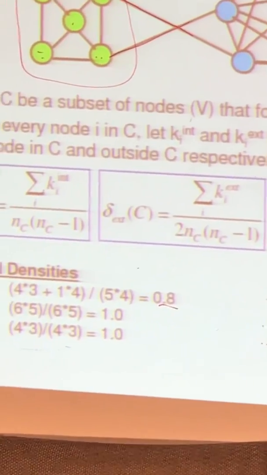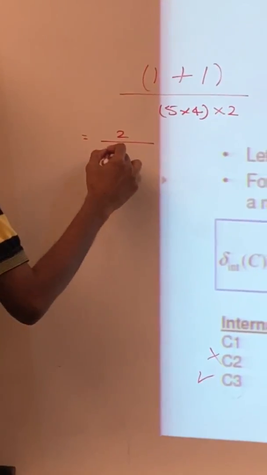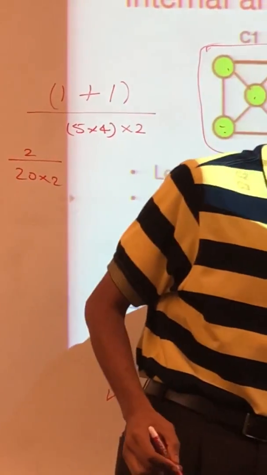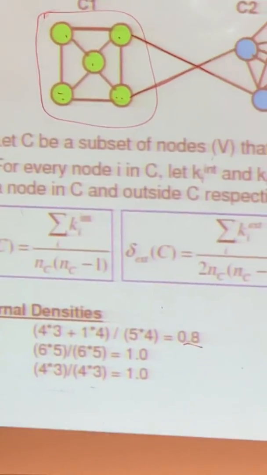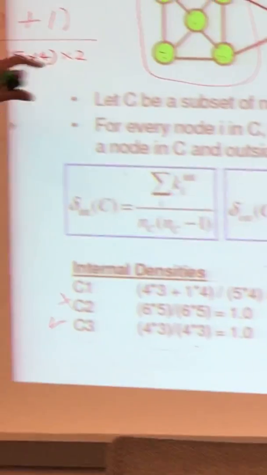So this is going to be 2 divided by 20 times 2, so whatever the value is, the external density, 0.05. Because each edge is counted only once, we have to divide by 2.